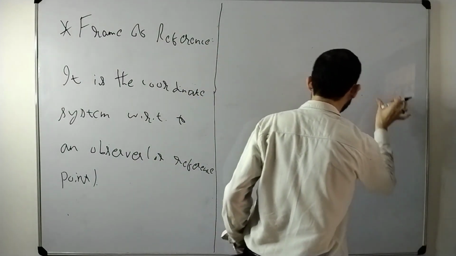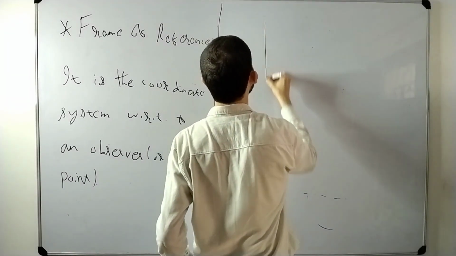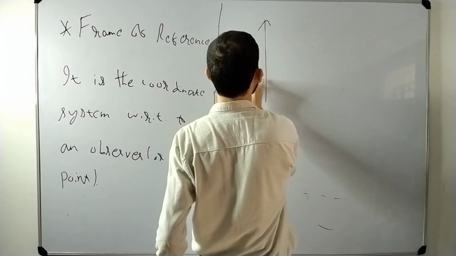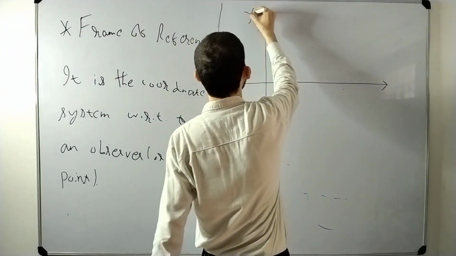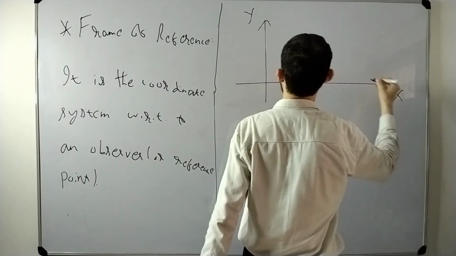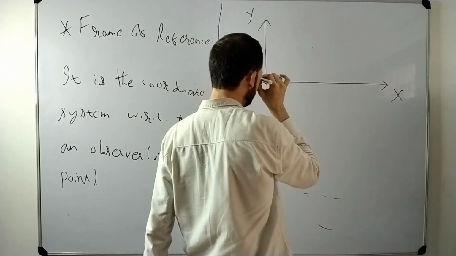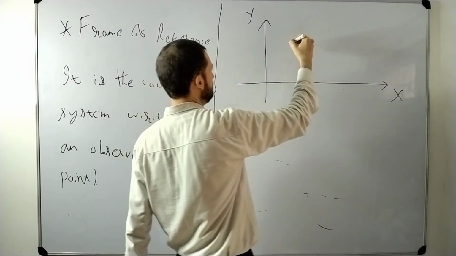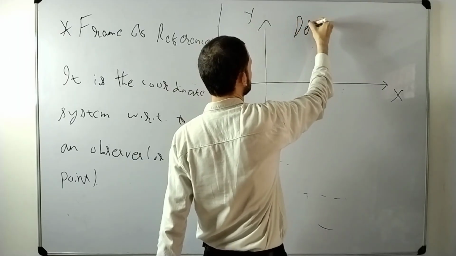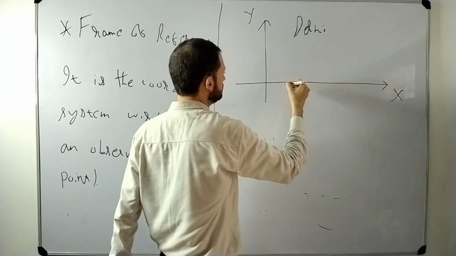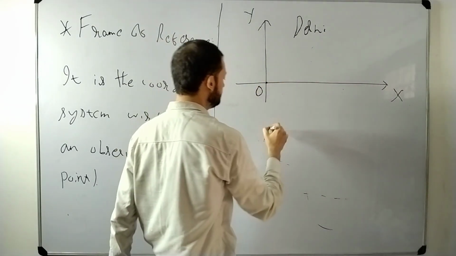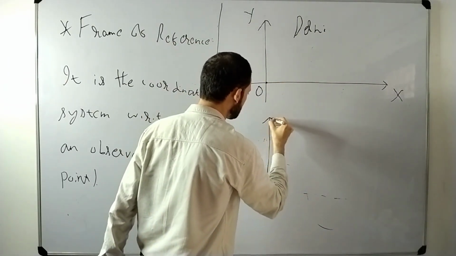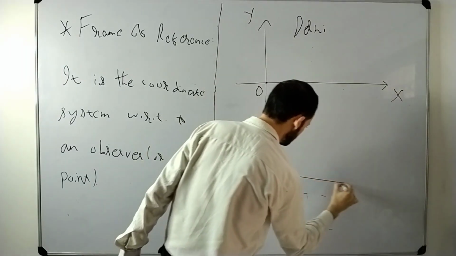Generally, as the statement goes, this is frame of reference, X, Y. I'm not drawing Z. Suppose this is my coordinate system, I'm in Delhi. So my origin is Delhi. And this is you sitting in Hyderabad watching this lecture.